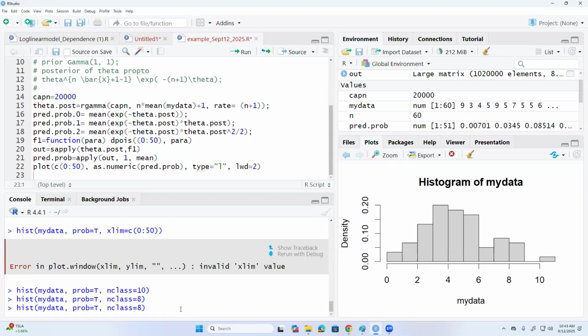Now let us see whether we can overlay the plot, one plot on the other.